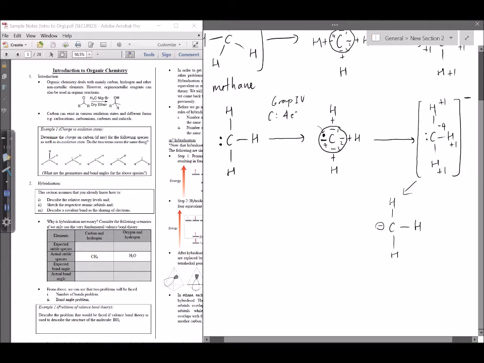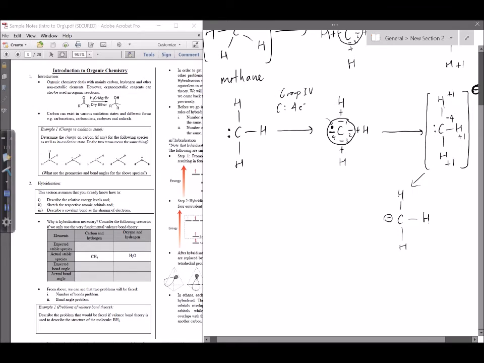So either way works, and we can see from this example that this species has an overall charge of -1. Right? And in fact this species is known as a carbanion, right? Because it's obviously an anion since it's negatively charged.